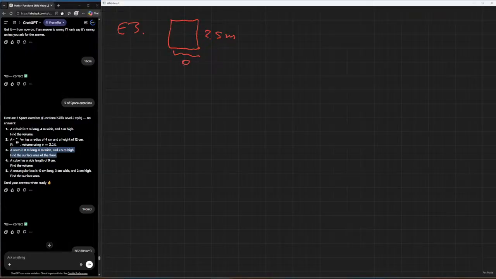Let's assume that this is 8 meters long, and then there is another one, 6 meters, and there are for sure 4 sides, right?